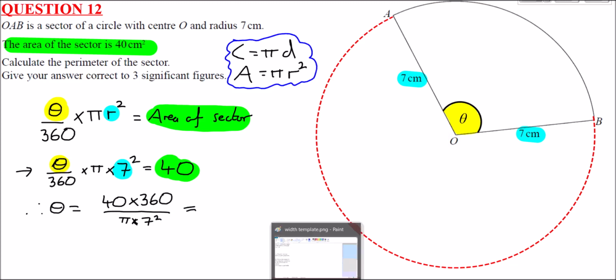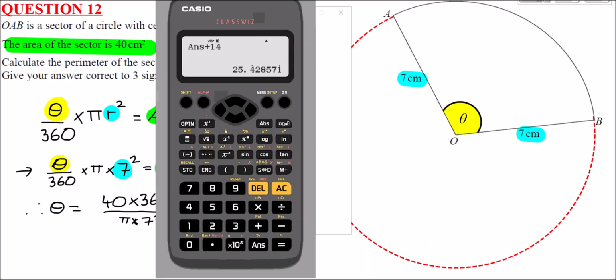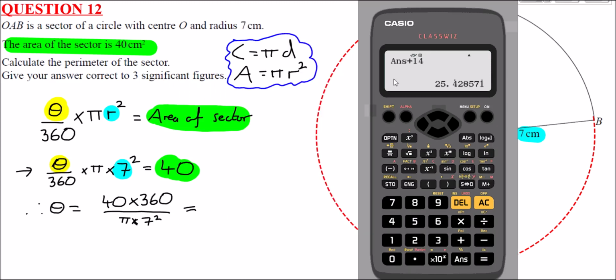So if we do this, 40 times 360 on top, and on the bottom, shift this button here to get pi times 7 squared, and get 93.5. Now, this isn't our final answer, so I'd give this to more accuracy.